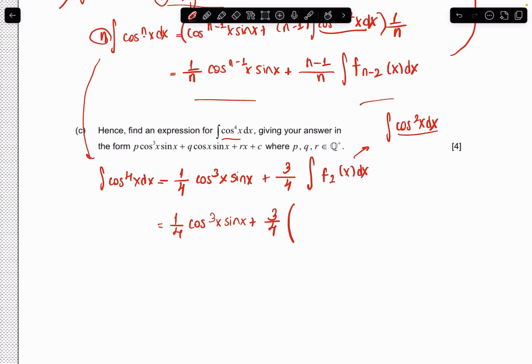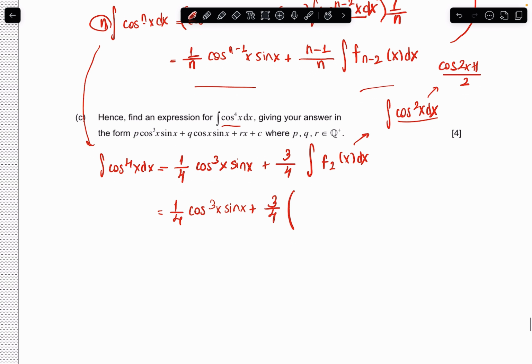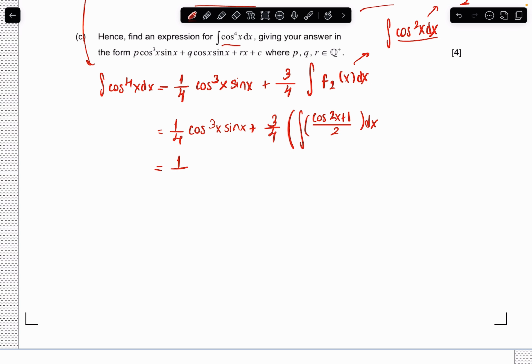This is basically going to be, from the double angle identity, cosine 2x plus 1 over 2, right? But there's still an integral here: the integral of cosine 2x plus 1 over 2 dx. And I'm going to continue with 1 over 4 cosine cubed x sine x. It's always important to remember what you've written before and to make sure that you're not making any mistakes.